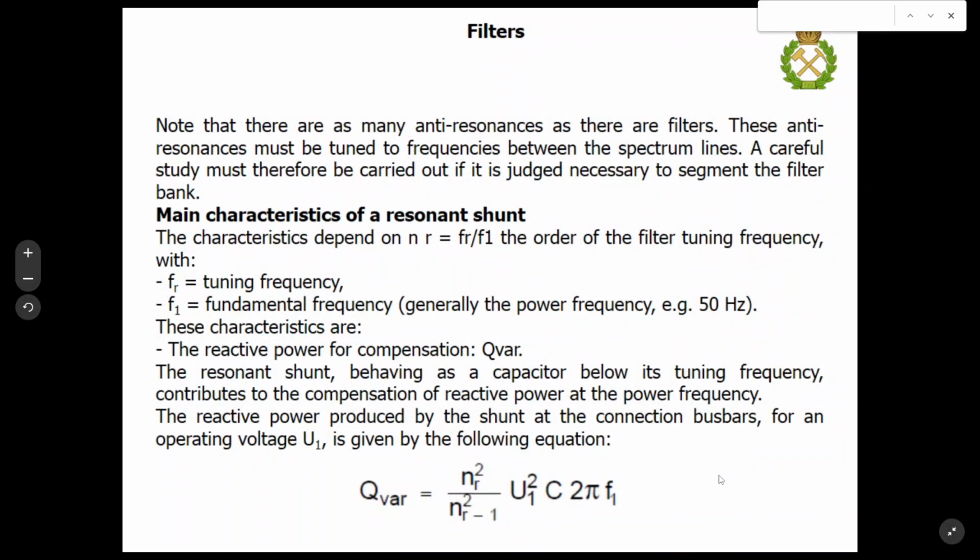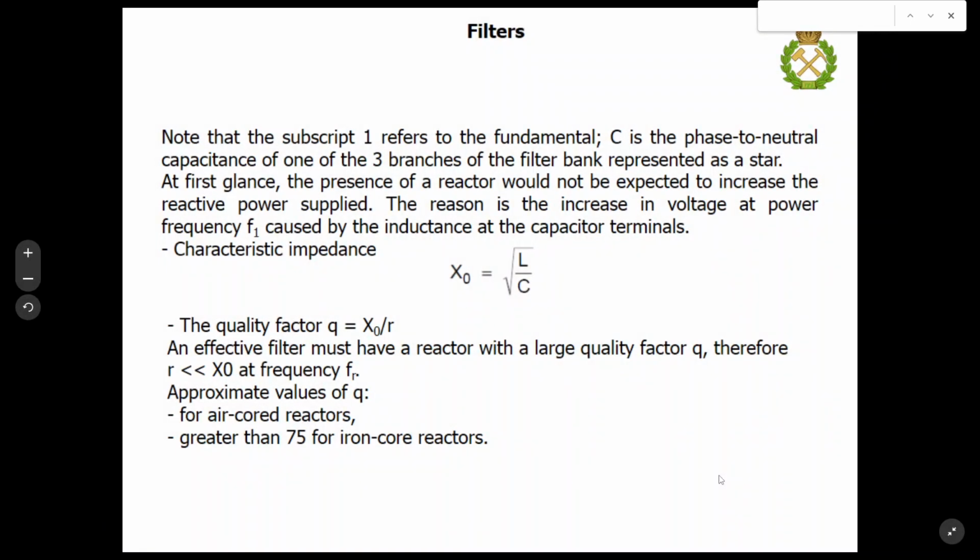Also, we have some main characteristics of such a filter, for example, its tuning frequency, fundamental frequency, and reactive power for compensation, which can be calculated according to the presented equation. And also, we have characteristic impedance, which can be calculated according to the equation presented in this slide.